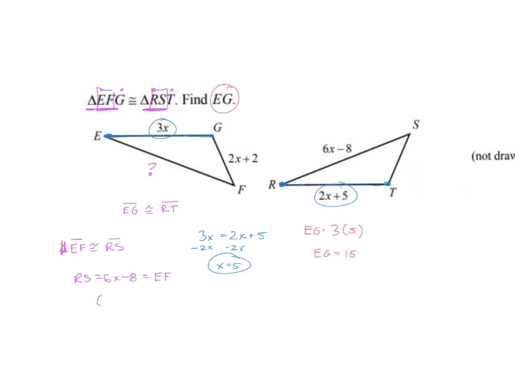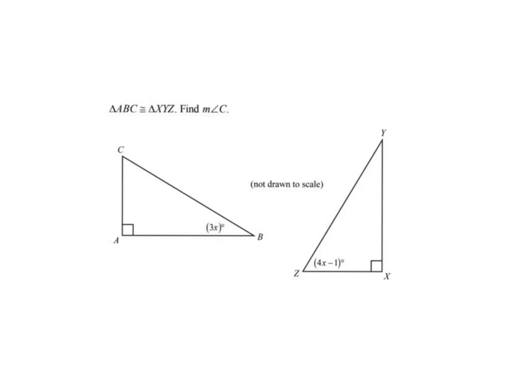So I could just plug in 6 times whatever my x was, 5, which was 30, 30 minus 8, 22. So if this ends up being 22, this here will be 22 as well. And I could do the same here. 2 times 5 is 10, plus 2, this is 12, which will make this here 12 because those are congruent sides of two congruent triangles. Let's move forward.